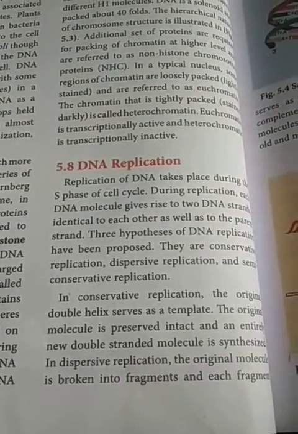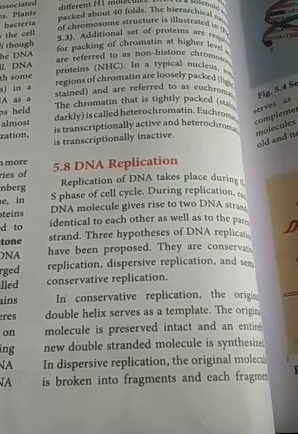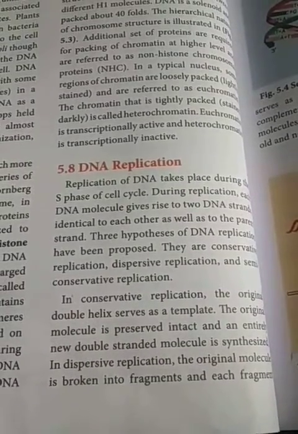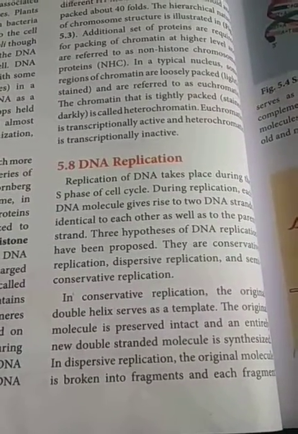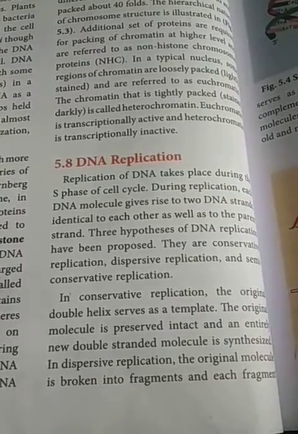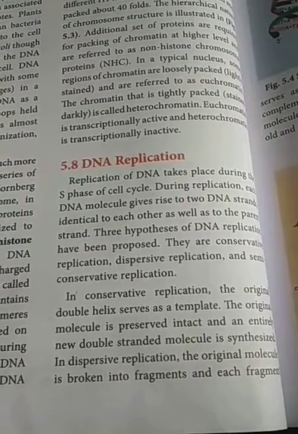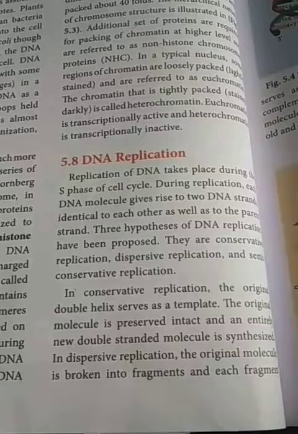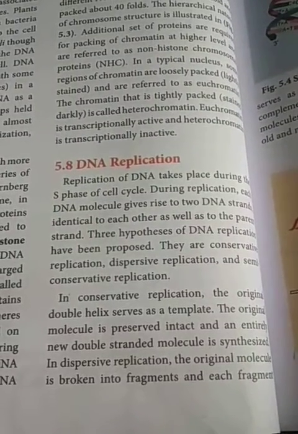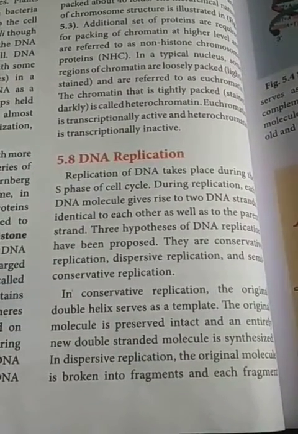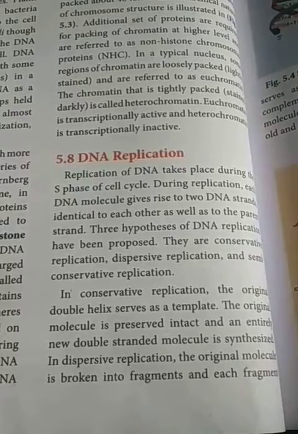That cell cycle is present in a number of phases. One of the phases is known as the S phase. In the S phase of the cell cycle, DNA is involved in the process of replication. During replication, each DNA molecule gives rise to two DNA strands identical to each other as well as to the parent strand.